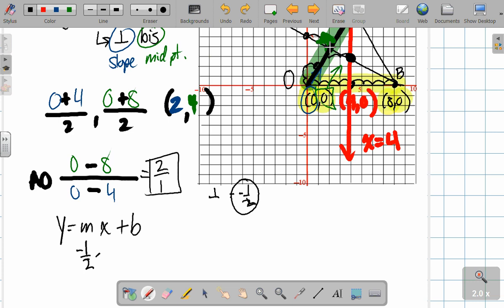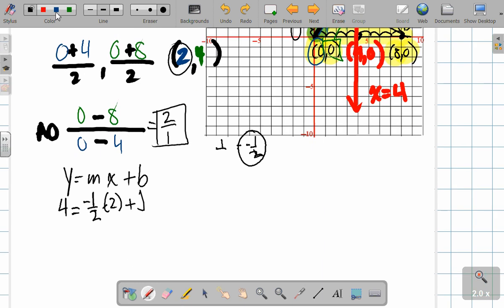Our x coordinate is going to be that midpoint, which is 2. Our b is our unknown, and then our y coordinate over here is 4. And then you just do your math. It's supposed to be b, and of course this is -1. You guys see it is 5, of course. But one of these days, you may end up with a fraction. You need to know how to do that.